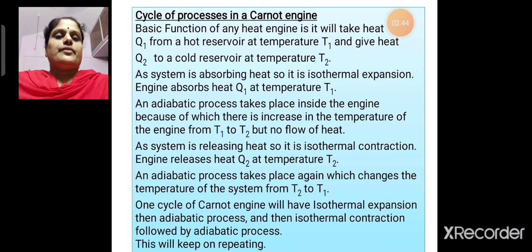After that, an adiabatic process takes place, which is an adiabatic contraction, and it takes the temperature of the system from T2 to T1. So in one cycle of the Carnot engine, we have isothermal expansion, adiabatic expansion, isothermal contraction, and adiabatic contraction. Since this is a cyclic process, it keeps on repeating.